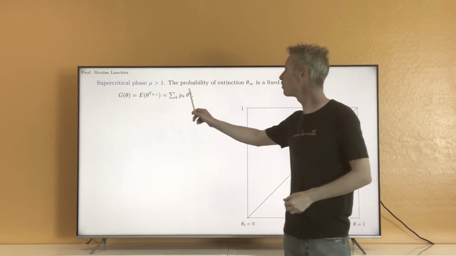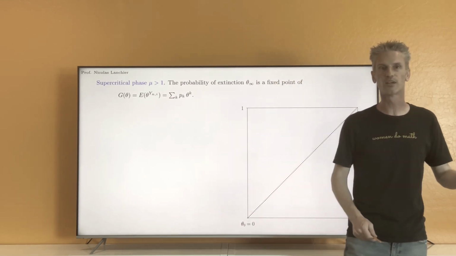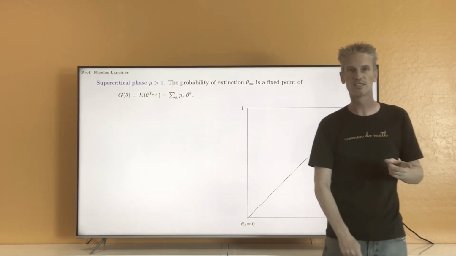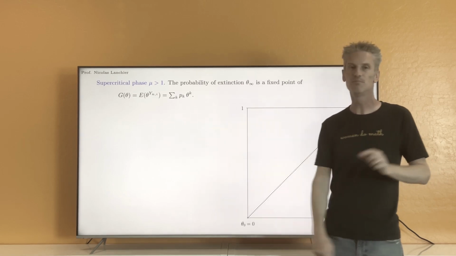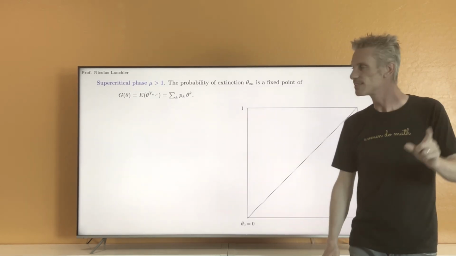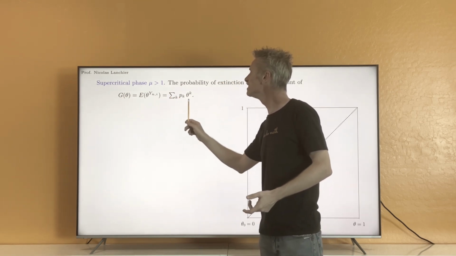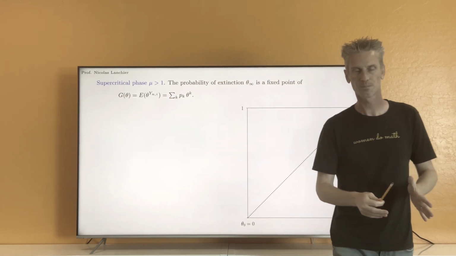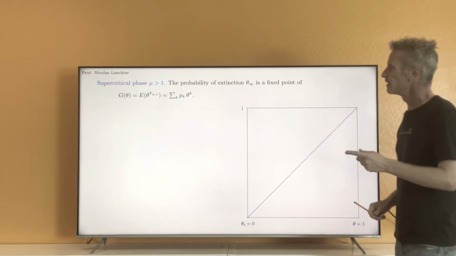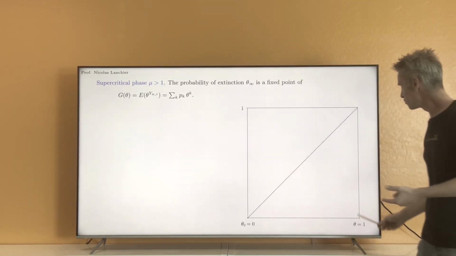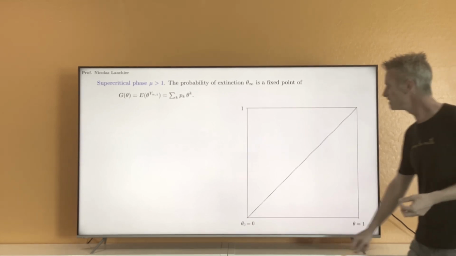If theta equals 0, theta to the power k is always 0, except when k equals 0, where this becomes 1. And so in this case, g of 0 is equal to just p0. Then, another particular value: what happens when theta is equal to 1?